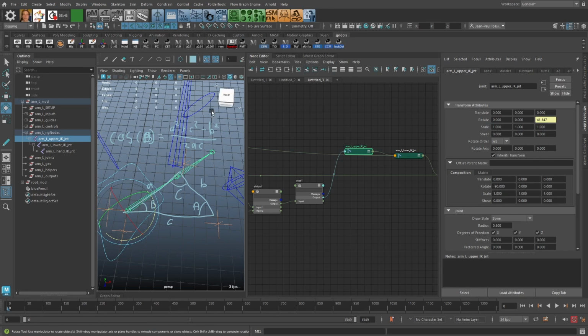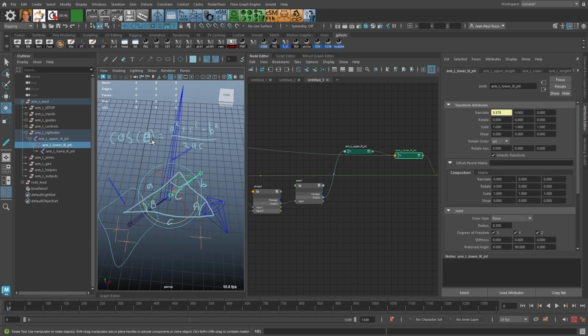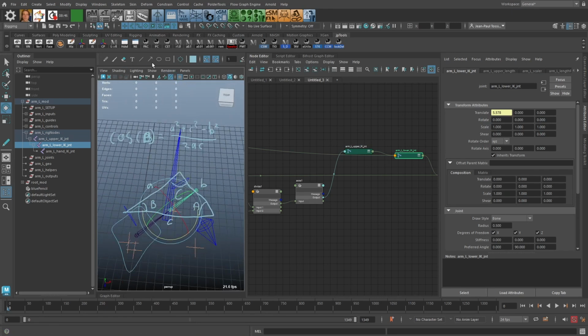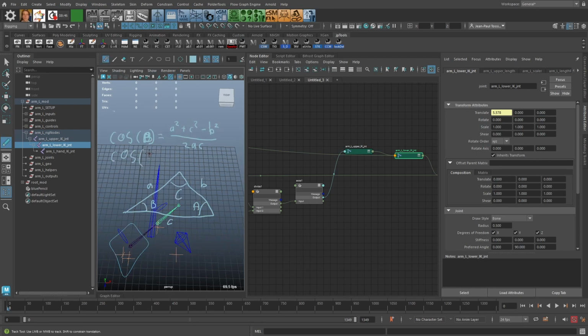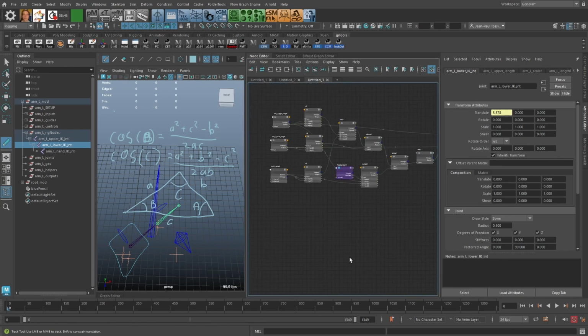So now we have to set the angle on the lower joint, which is solving for c, which is the same equation, more or less, just swapping around the b's and c's. So the cosine of c equals a squared plus b squared minus c squared, divided by 2ab. So we can create this as well in the same way.